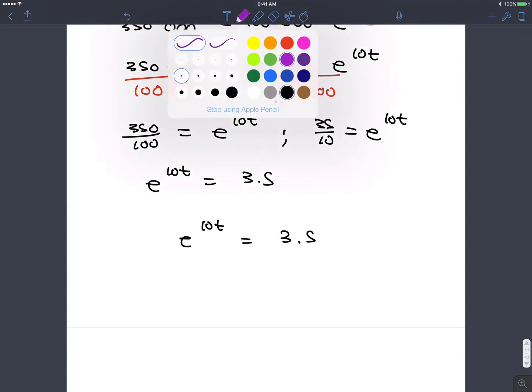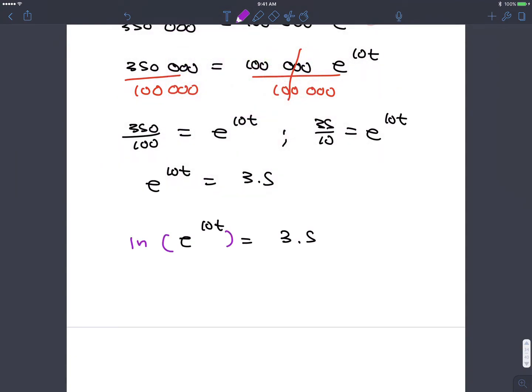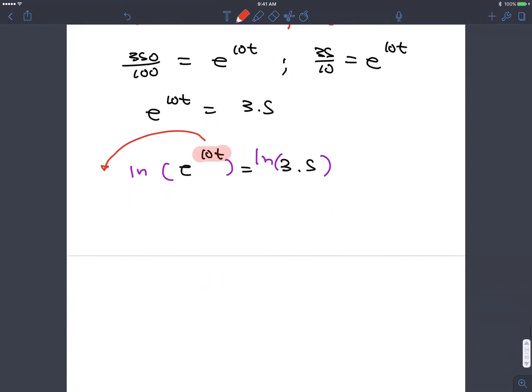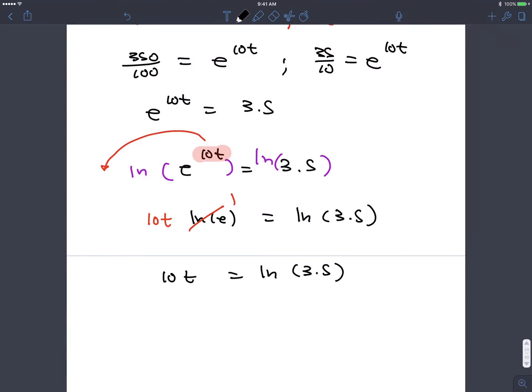Take the natural log now of both sides. We're going to pull out the power by the power rule. Pull out that 10t. Natural log of e is the value 1. So 10t is natural log 3.5.